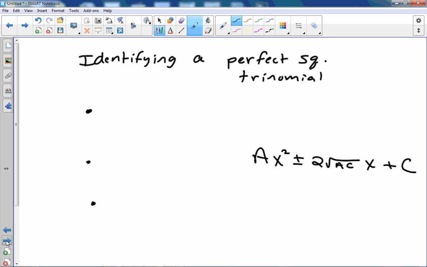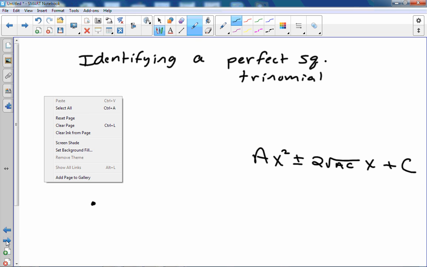Now, let's look at identifying a perfect square trinomial. I have three things here that we're going to have to ensure that we have a perfect square trinomial. Now, this model here is the model of a perfect square trinomial. That looks kind of complicated, but when you see the numbers behind it, it's really not all that bad.